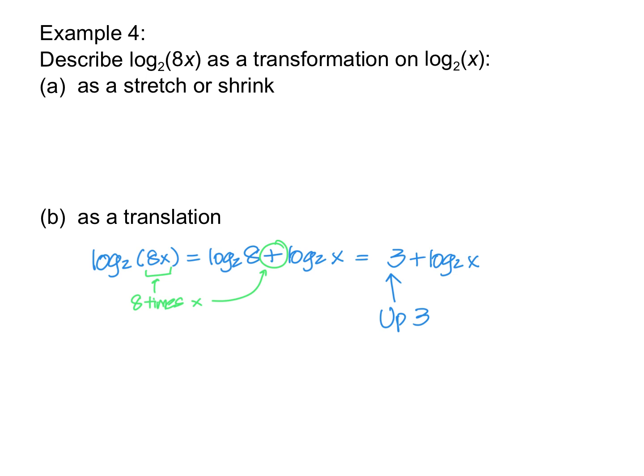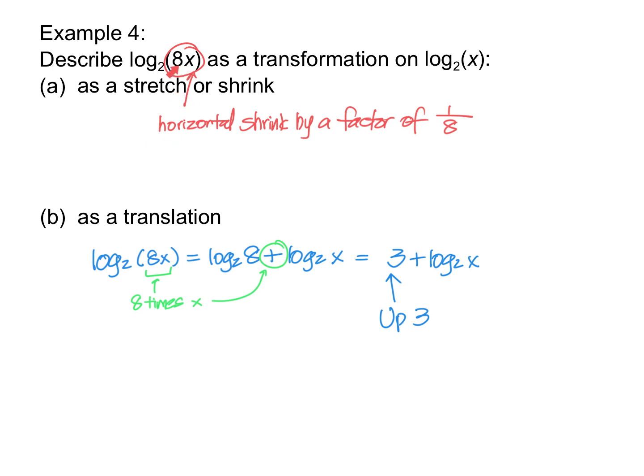All right, so how do we write it as a stretch or shrink? Well, that one doesn't require us to rewrite it at all, because 8x is a horizontal shrink by a factor of 1/8. That's a concept from Algebra 2a.